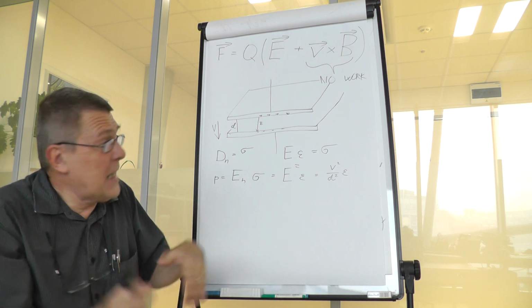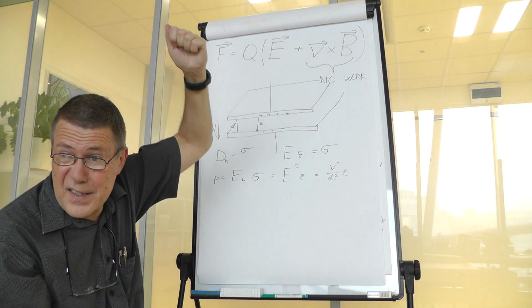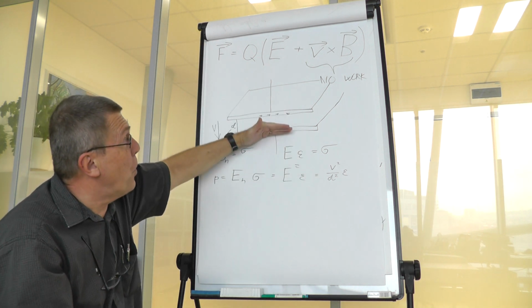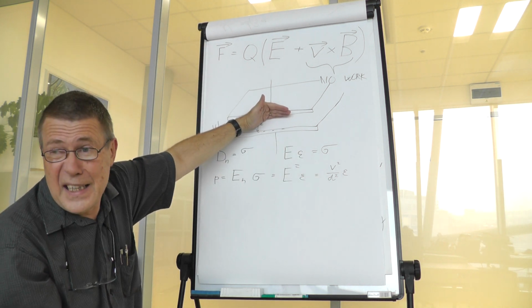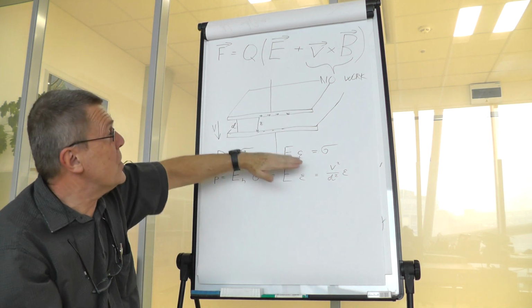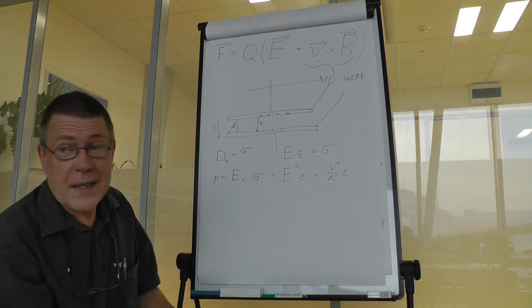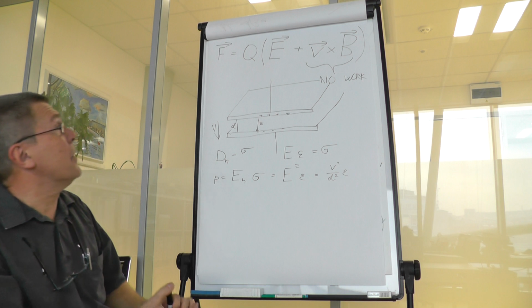He somehow thinks that it can pull itself upstairs. It's nonsense. Those two forces are identical as to the magnitude, but they are in opposite directions. So we would get no force affecting the whole capacitor.